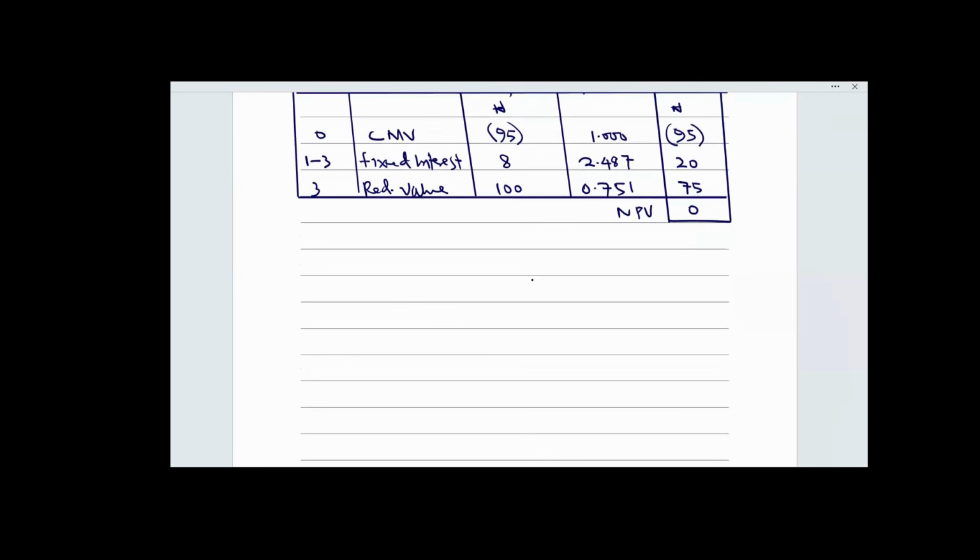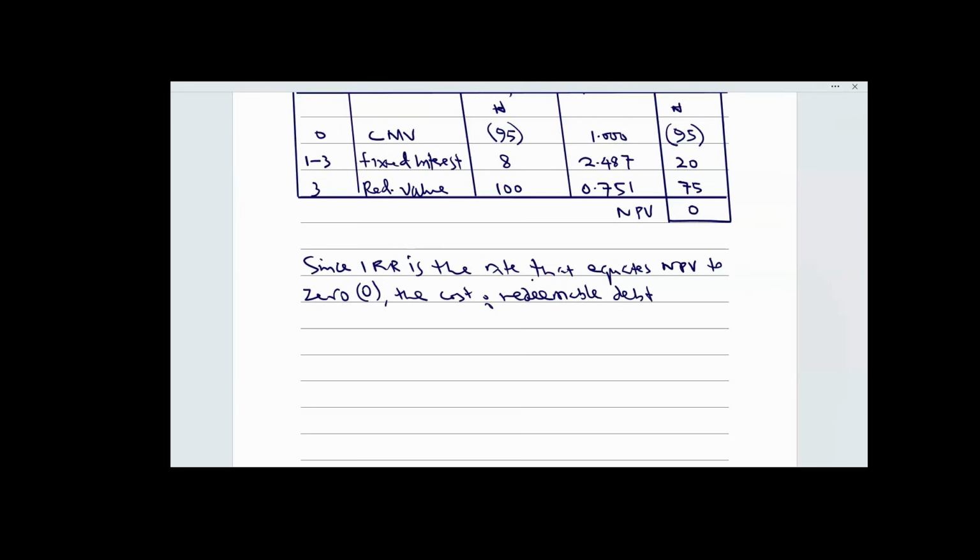Let me put it down for you. Since internal rate of return is the rate that equates NPV to 0, the cost of redeemable debt is the 10% assumed that produced the 0 NPV.